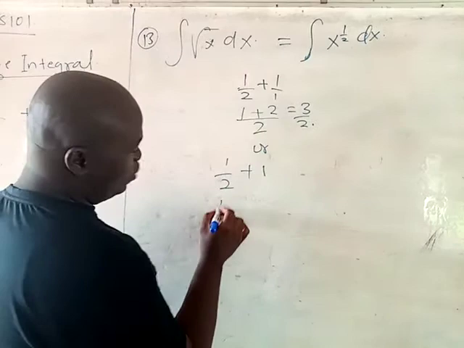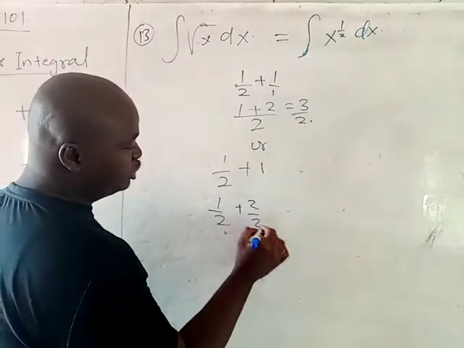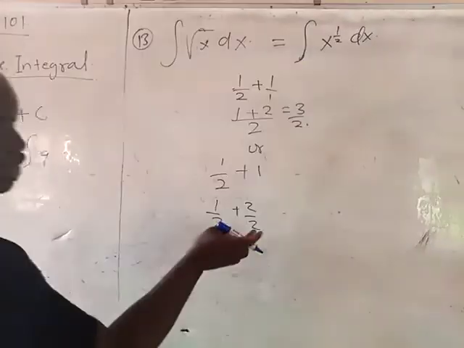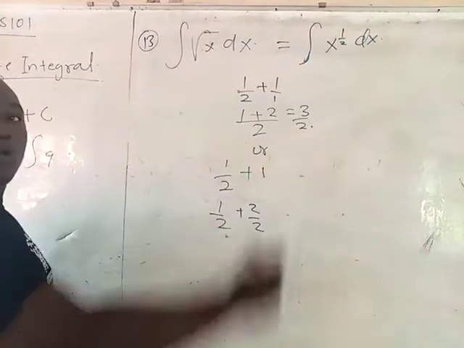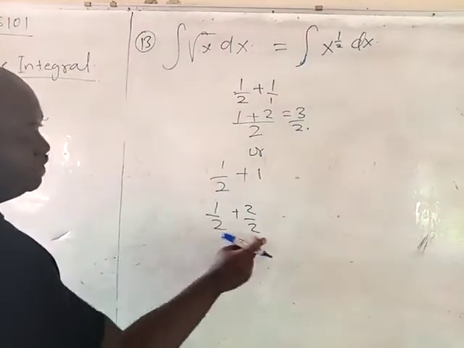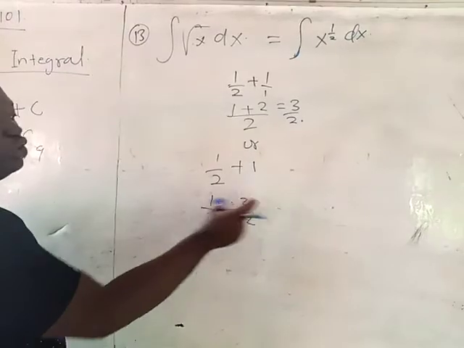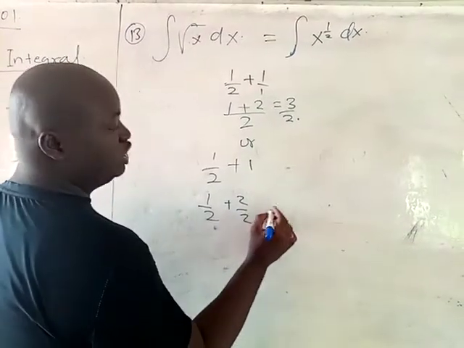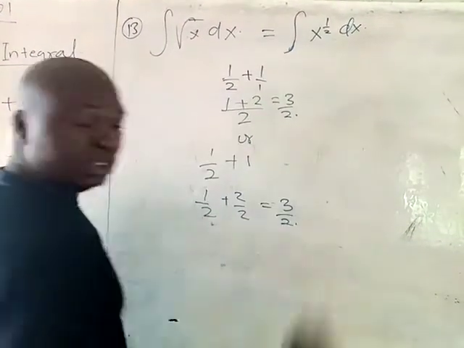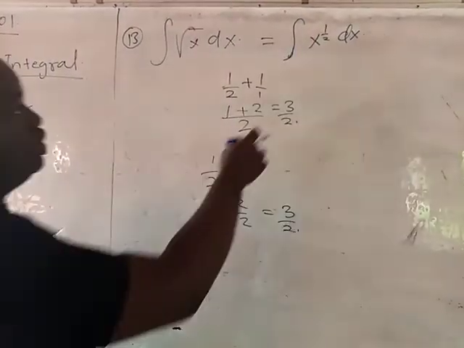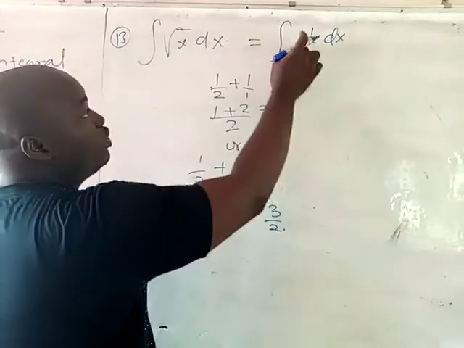But do you know that 1 all over 2 plus 2 all over 2 is the same thing? Yes, because 2 divided by 2 still gives you 1. So whenever you have the same denominator, all you need to do is just add the power. So this plus this should give you 3 all over 2, right? Good. Now, when we add 1 to the power, what we got is what?